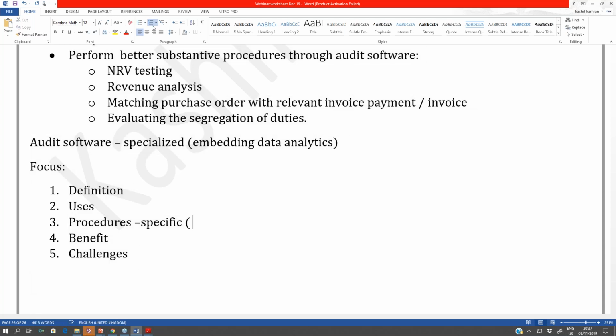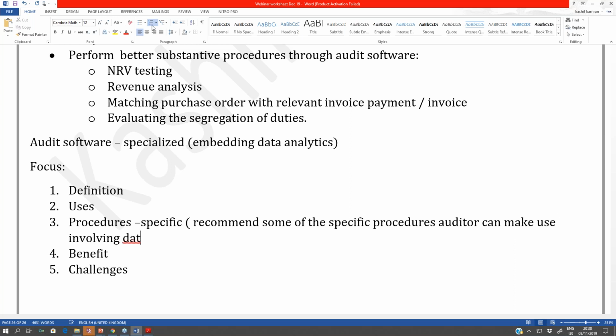So what if the question asks you, recommend some of the specific procedures the auditor can make use of involving data analytics?